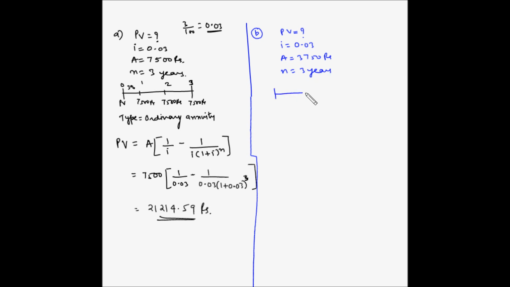So let's draw the time scale. 1, 2, 3. Interest rate is 3%. We want to find the present value, and we are withdrawing 3750 rupees at the end of each of the next 3 years. Again, the type is ordinary annuity.